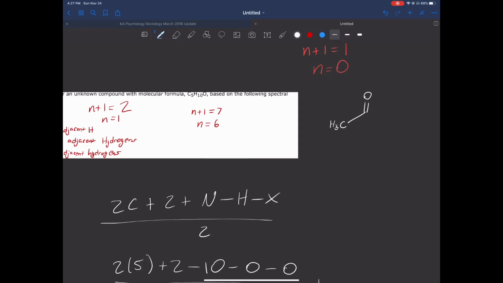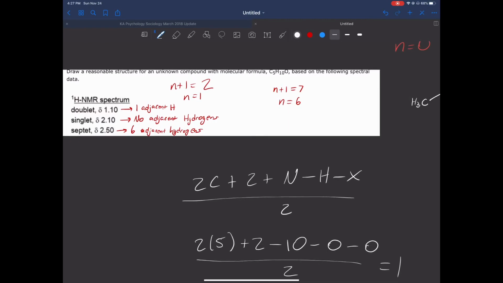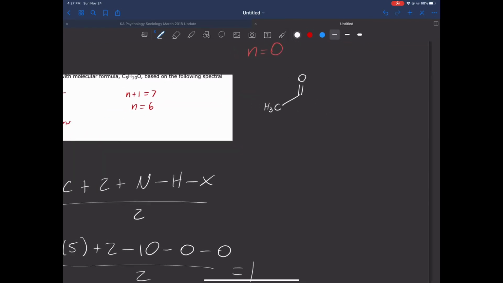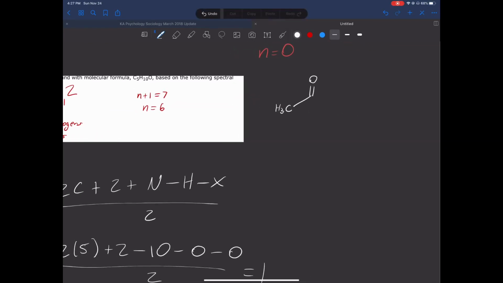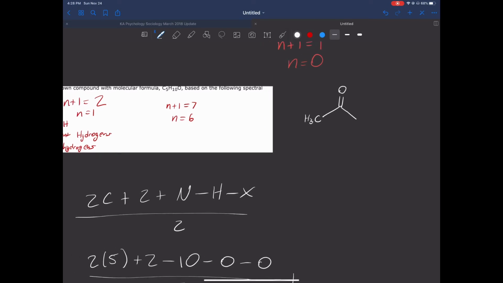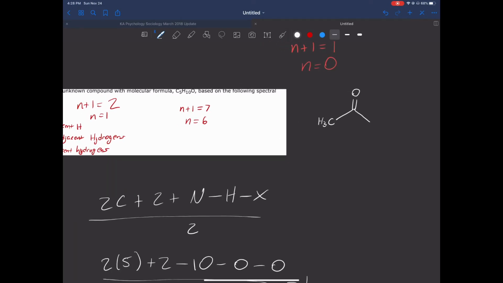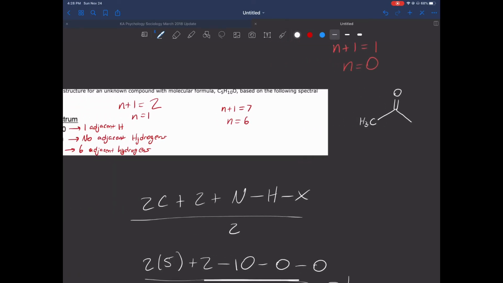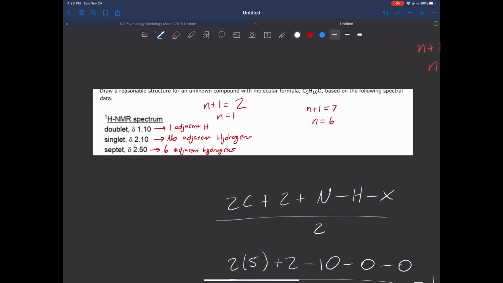Okay? Now, we have to take care of the doublet and the septet. Now, the only thing you can really do, obviously, using this carbonyl, is we have to draw the carbon somehow, right? So here we go, because we can't touch that methyl. So we draw a carbon because we can't really do anything else, right? And the formula uses 5 carbons. So we have, so far, 3. We're missing 2. Now, you've seen this pattern before.